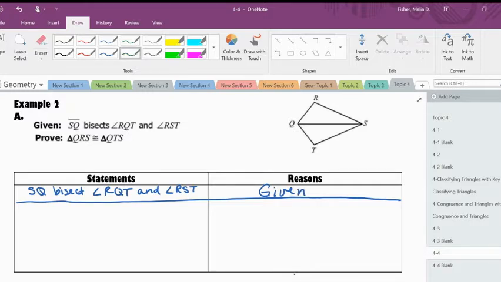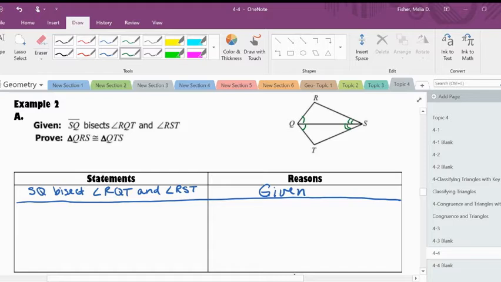We should always go and mark what we know based on that information. So because RQT is being bisected, we know that those two pieces will be congruent, and we know that RST is being bisected, so that makes those two angles congruent.